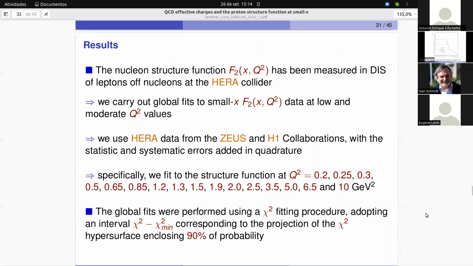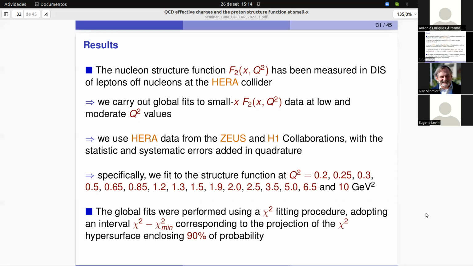To introduce the results, we take a lot of data from the ZEUS and H1 collaborations, in which the function F2 is the most important.